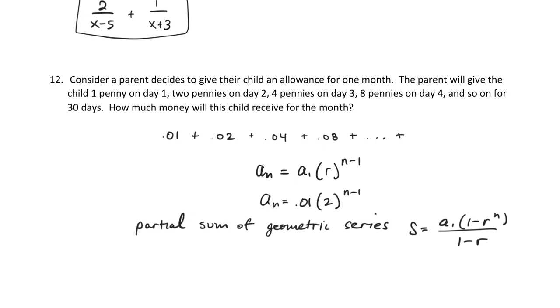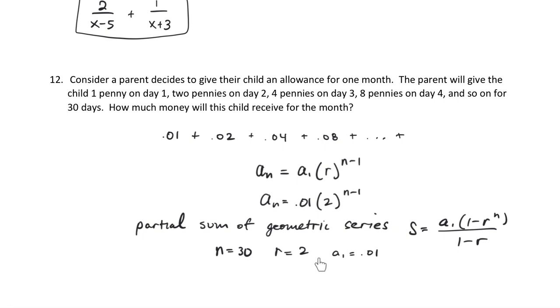So we're adding a total of 30 terms because it's 30 days. So n equals 30. The common ratio r is 2 because it's doubling every time. And the first term is 1 penny.